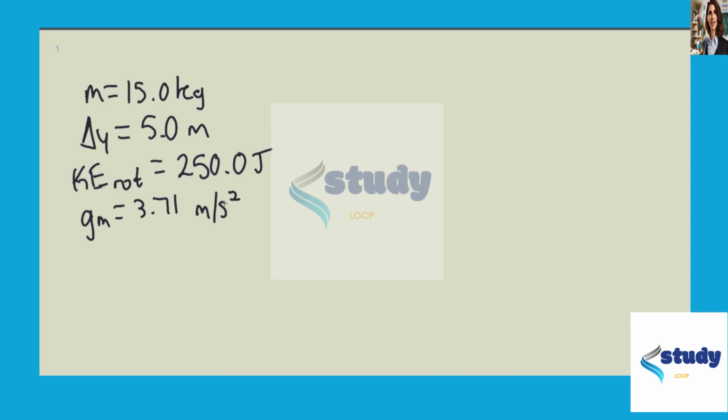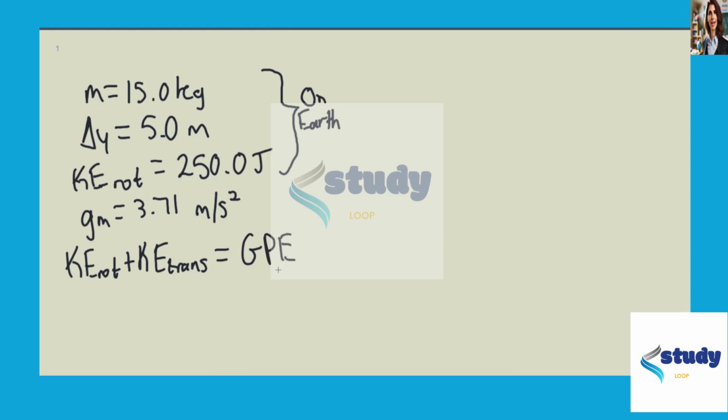At this point, we have the law of conservation of energy, and we should specify that this is on Earth. So we have the law of conservation of energy: the rotational kinetic energy plus the translational kinetic energy should equal the gravitational potential energy. And at this point, we can say that the kinetic energy translational is simply going to be equal to GPE, which is equal to mgh.